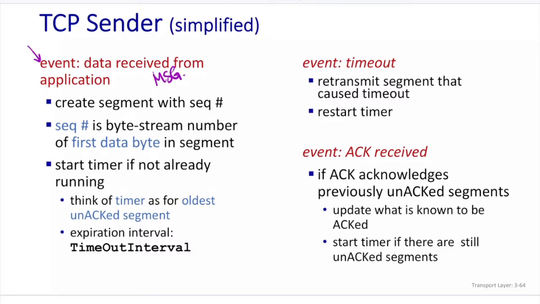And the TCP sender will send the packet out. But meanwhile, the TCP sender will start a timer, if not already running. Because TCP has a window as well, it only sets the timer for the oldest unACKed segment.